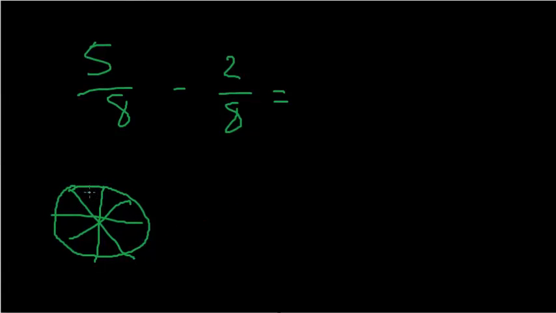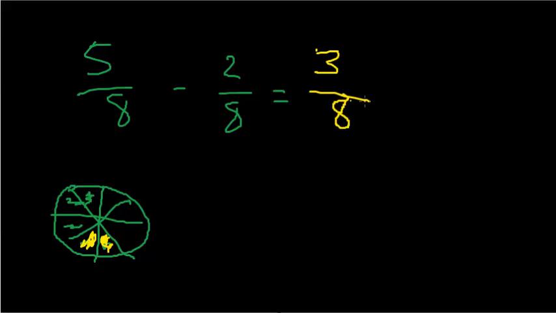I have 5 of those pieces, and I want to take 2 of those 8 equal pieces away. So now these I give back, and I'm left with 3 pieces of the pizza out of, again, my total of 8. So when I'm subtracting fractions, all I'm doing is looking at the numerator. 5 minus 2 is 3, and the pizza is still cut up into 8 equal pieces, so I keep my 8.